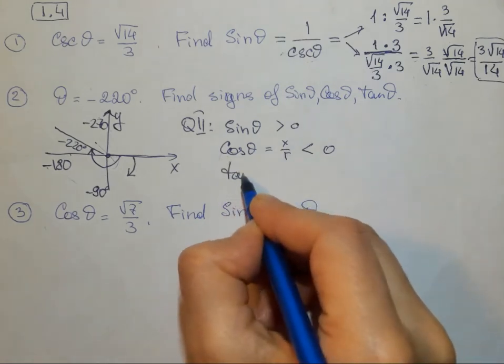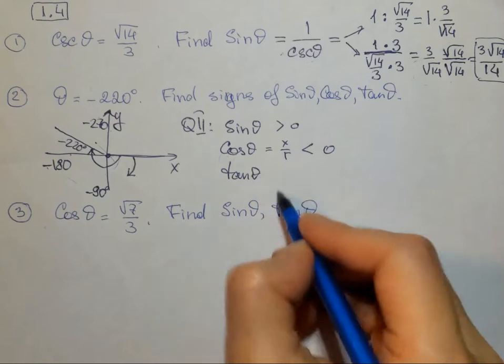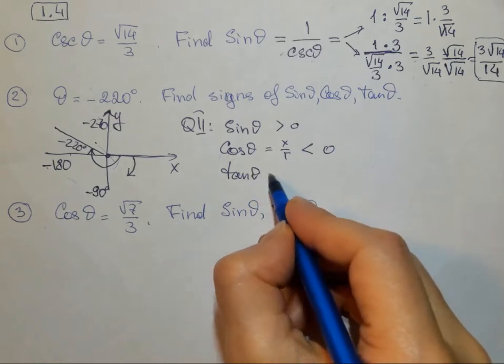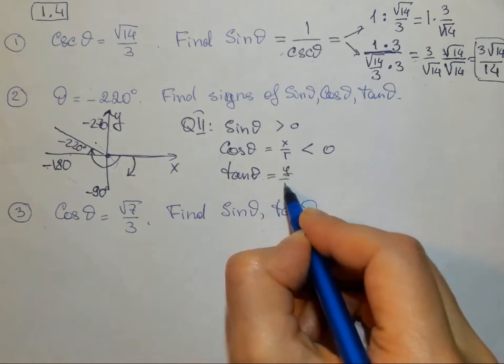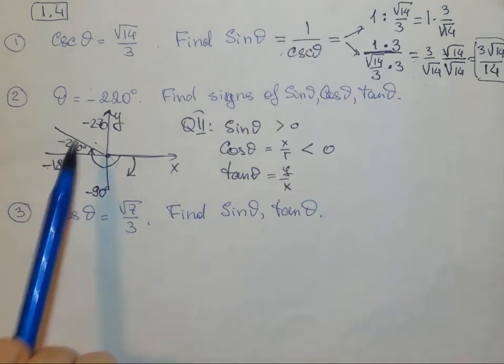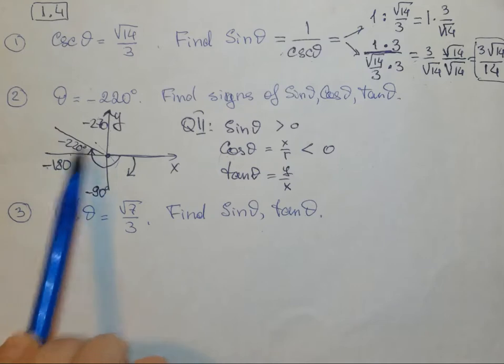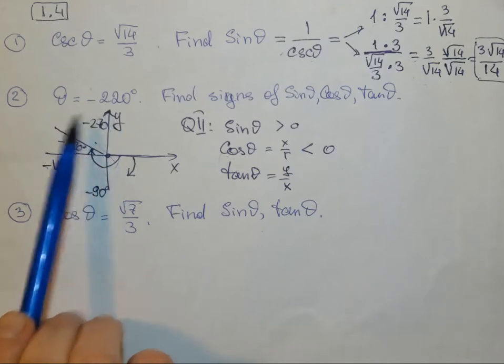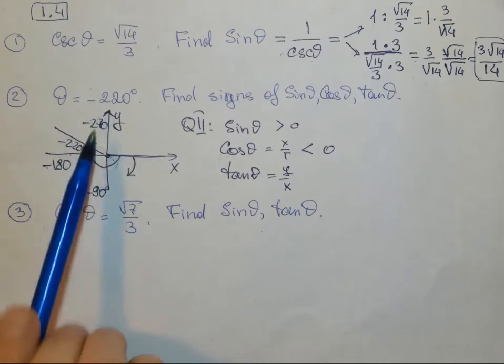And tangent of theta, tangent is y over x. In the second quadrant, y is positive, we are above the x-axis.